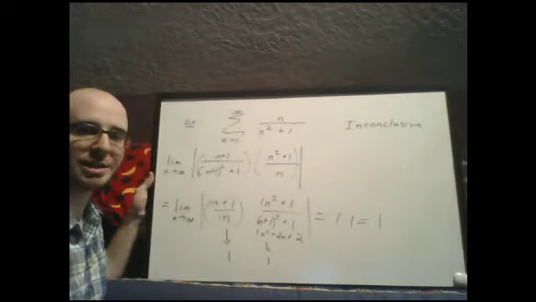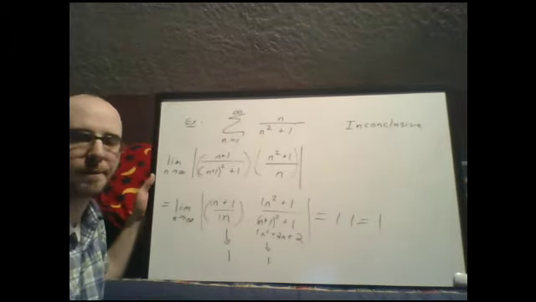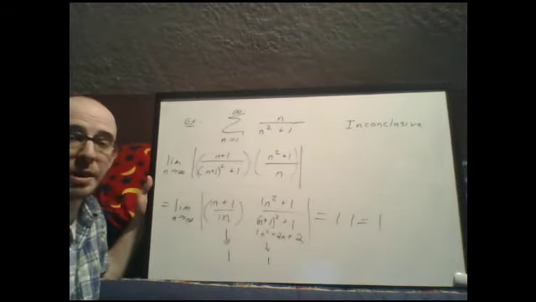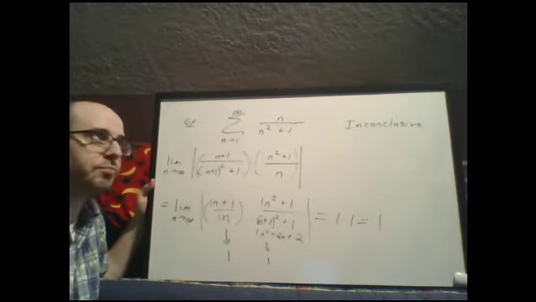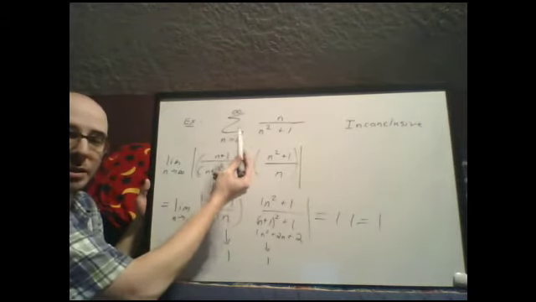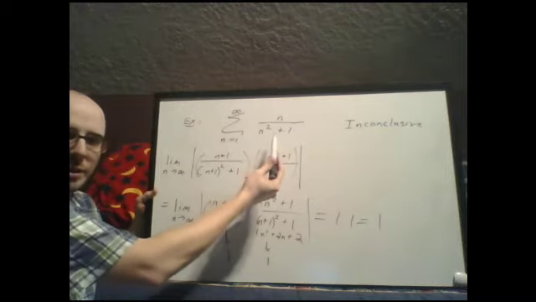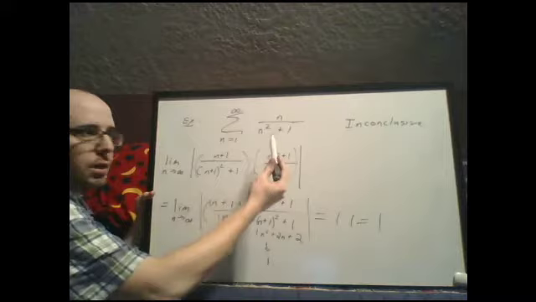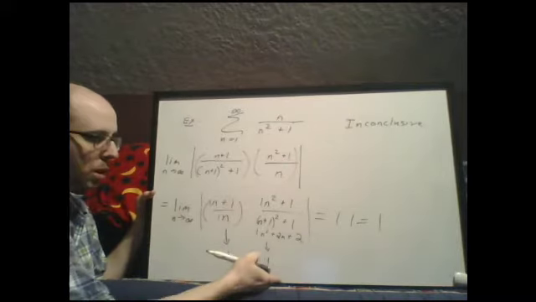So the ratio test doesn't tell us the answer to this. And that's going to generally be the case. Well, not generally. That will always be the case when it's the sum of just a rational expression. So this is all just polynomials here. N divided by n squared plus 1.